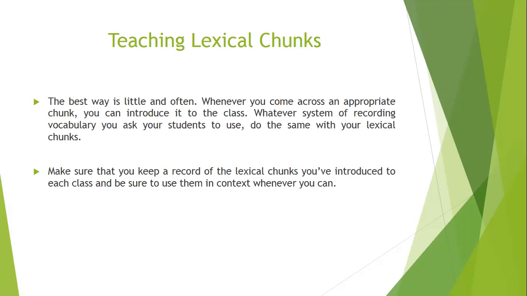The second type is also one unit, but these are called collocations, and collocations are also called lexical chunks. For this type of lexical chunks, we can give the following examples: totally convinced, strong accent, terrible accident, sense of humor, sounds exciting, brings good luck, and others.